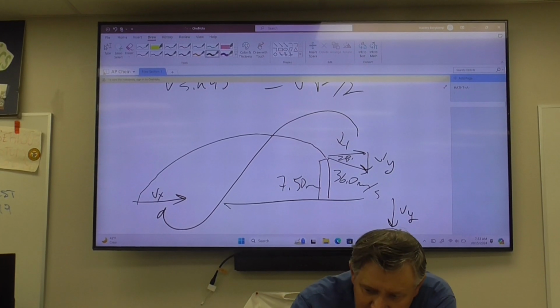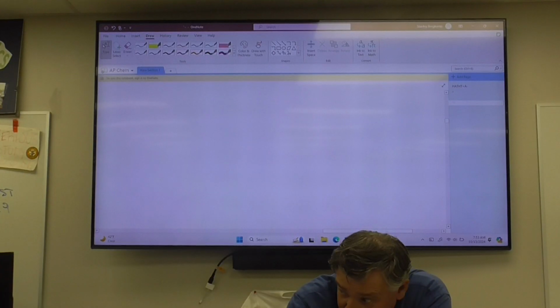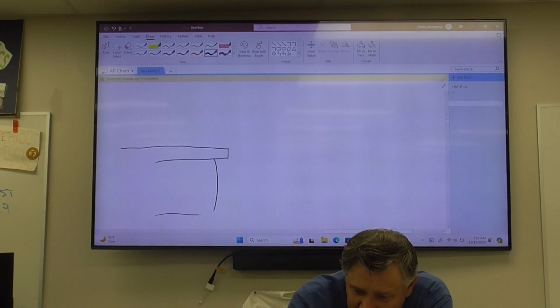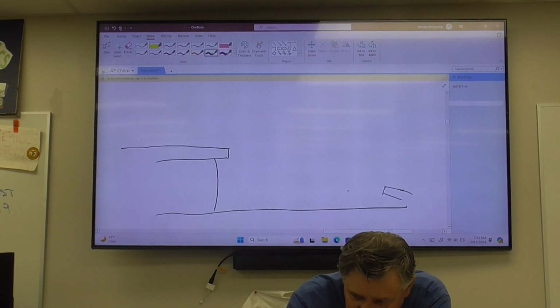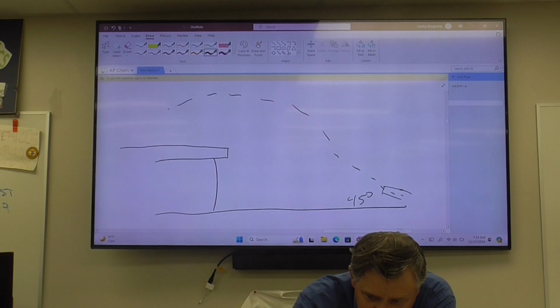All right, so let's talk about the problem with trying to land this thing. Here's the table, and we've got to figure out where to put that marble launcher, launched at a 45-degree angle, and that's what I've got it set at, so that it goes up like this.